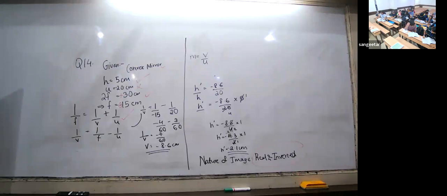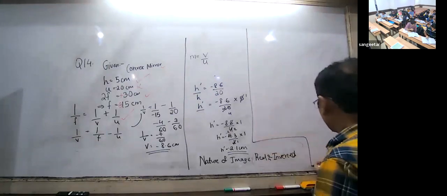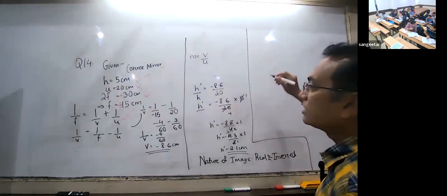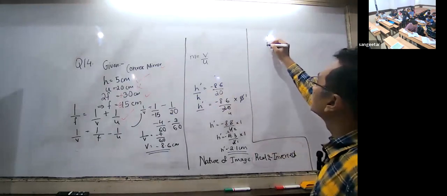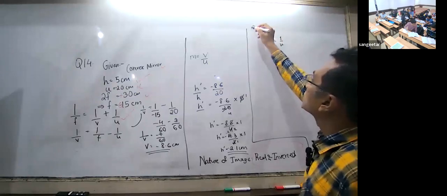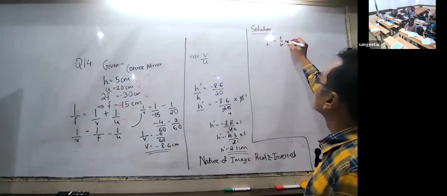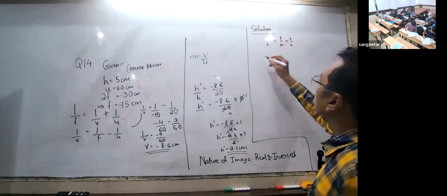Okay, so let us do this question now. I am solving it separately here. So now the given data is there. So what is 1 by f? This is the solution. So what is f?